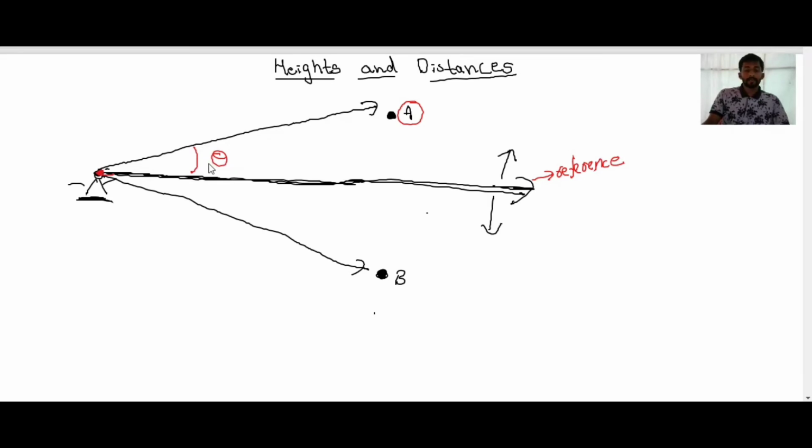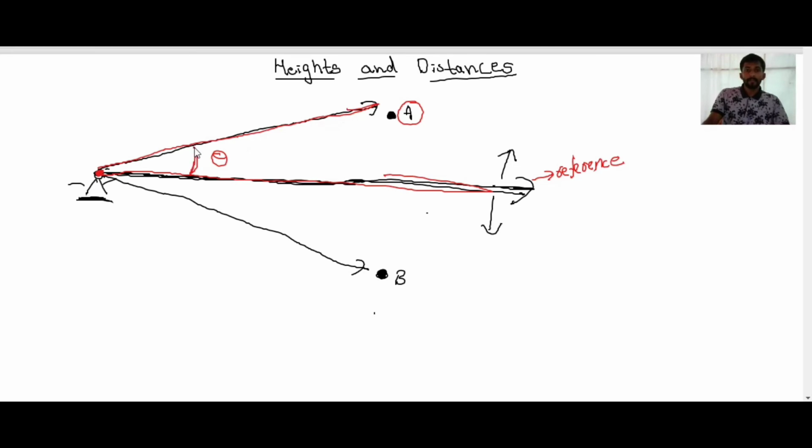This angle is formed by a line which is drawn from the eye of the person, that means a horizontal line from the eye of the person, and the line which joins the eye of the person to the object. Clear?